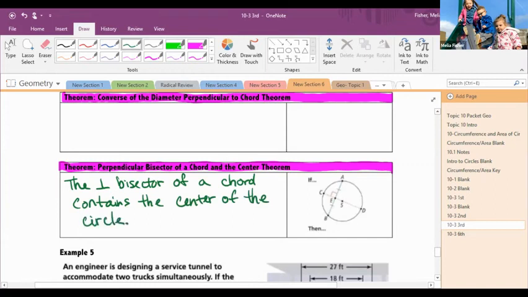Okay, the perpendicular bisector. So we have the perpendicular bisector of a chord. We cut it in half. Perpendicular, that means that S is on CD. That will be the diameter going through there.